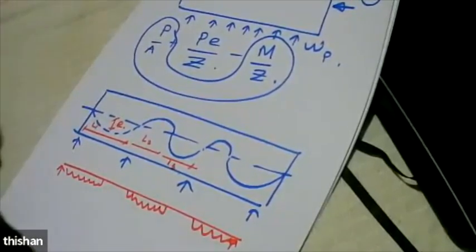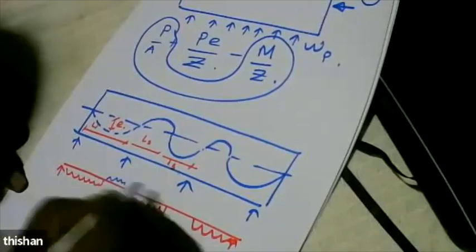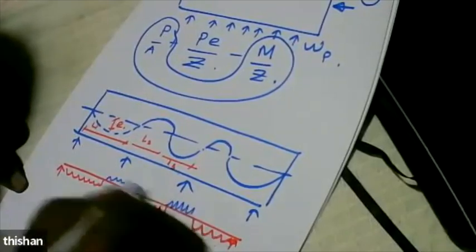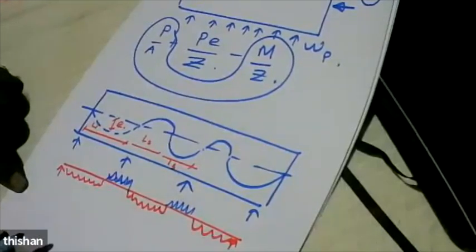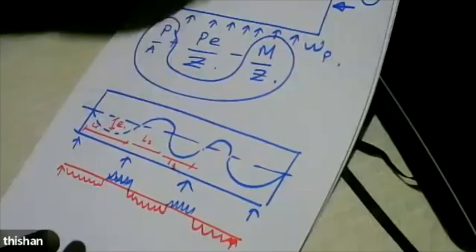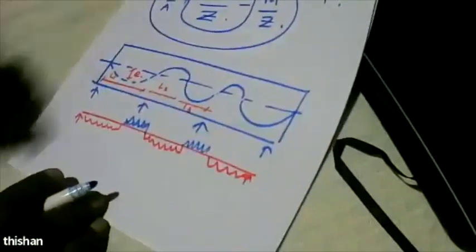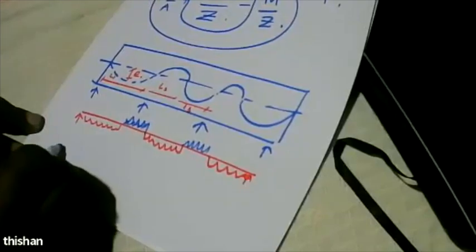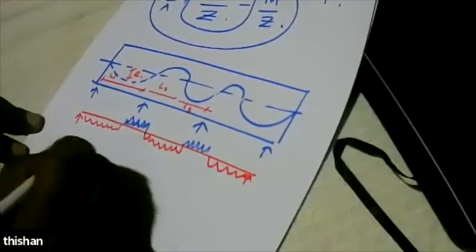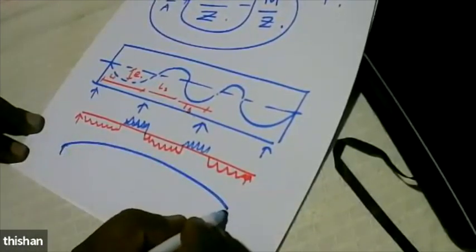But only at few places it's loaded downwards. Now, if you apply so many upward loads and only few downward loads, what is the most likely scenario? The most likely scenario is this beam is going to lift upwards.